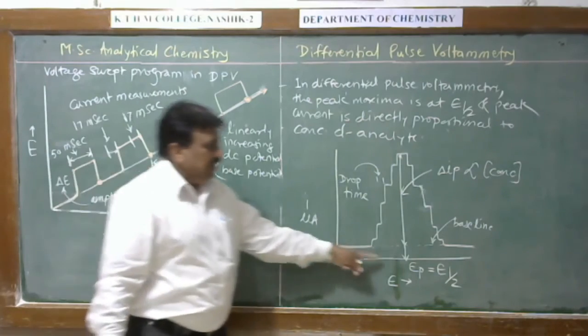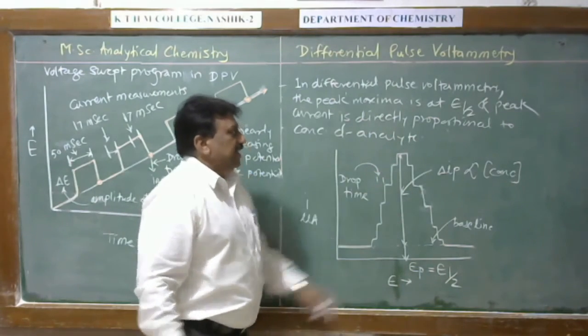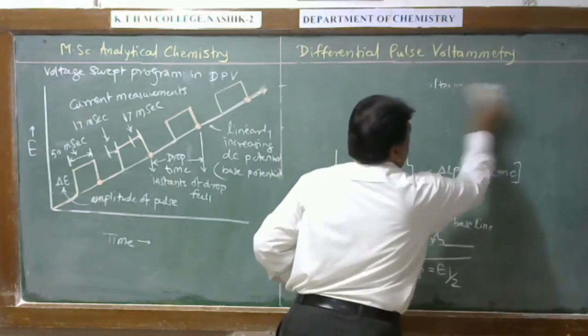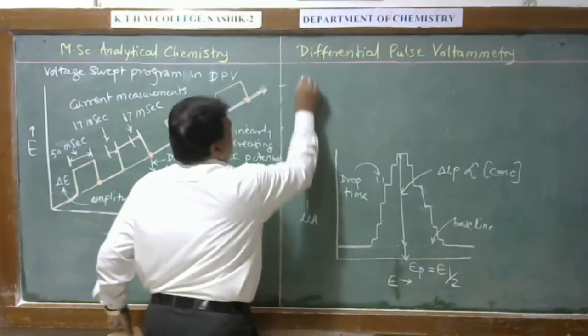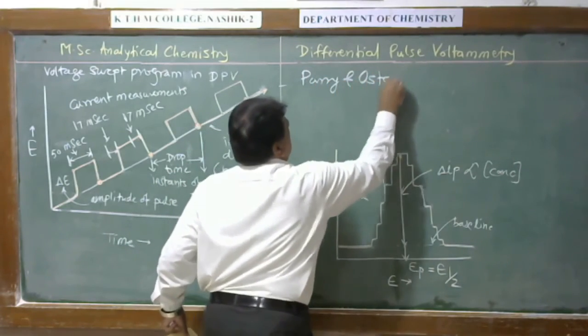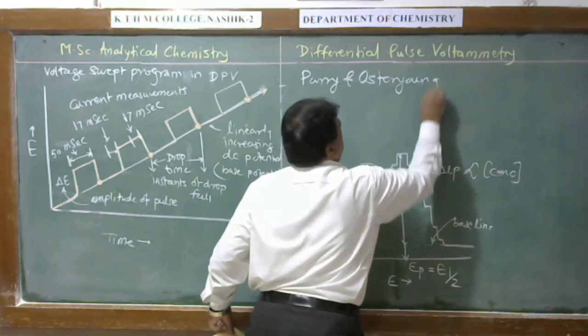And here this current maxima, this peak current, is related to concentration by this equation, called the Parry and Osteryoung equation.